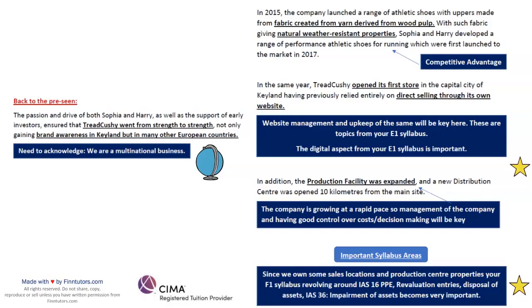Now, because we are growing, we are buying land, buying machineries. So your F1 syllabus of IAS 16, property, plant and equipment, revaluation, disposal of assets, impairment of assets, can be a very important syllabus area and can be something that our questions in the mocks and in the final exam can revolve around. So we are giving you all aspects while we do this pre-seen together.